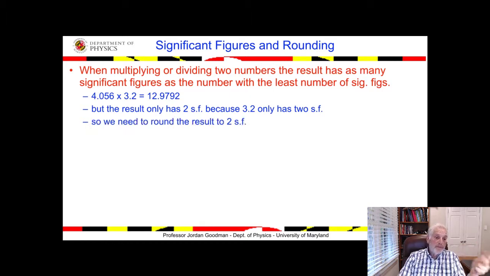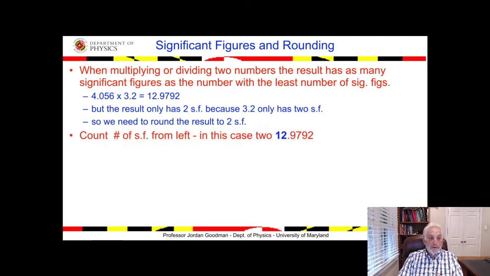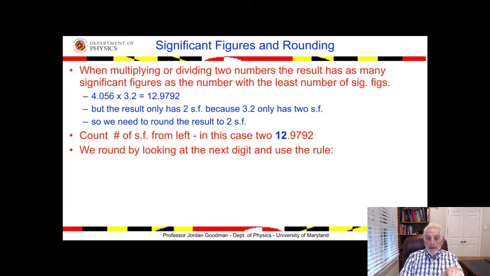So how do I do that? We need to round this number off to 2 significant figures. Most of you sort of know how to round a number off, but let me just quantify it. You count the number of significant figures from the left, in this case 2, which is the 1 and the 2, and those would be significant. But then you have to round off by using the next digit.